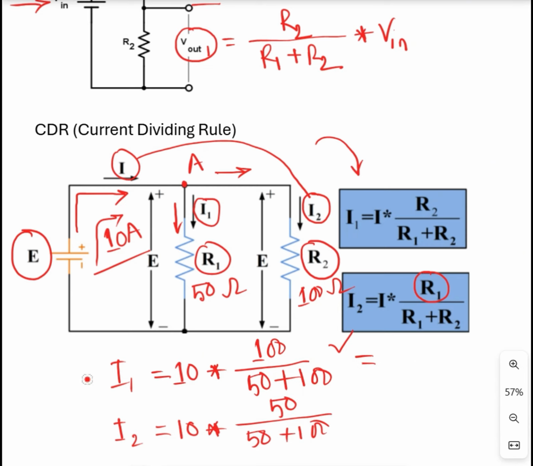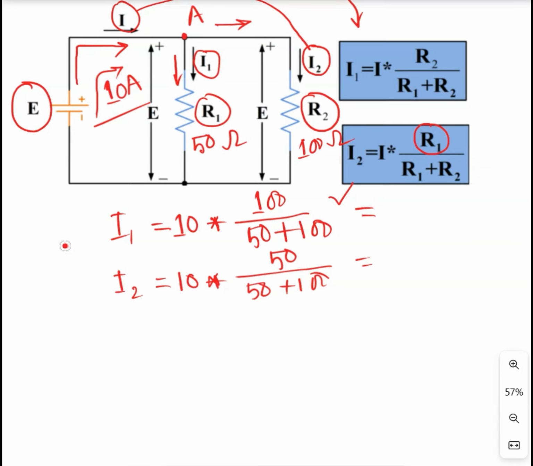Let's calculate by the use of a calculator. So here the current for I1 is 6.667 amps, and here will be 3.333 amps.